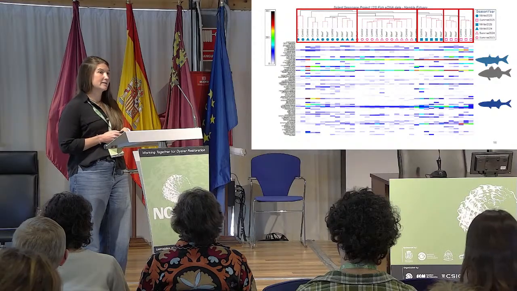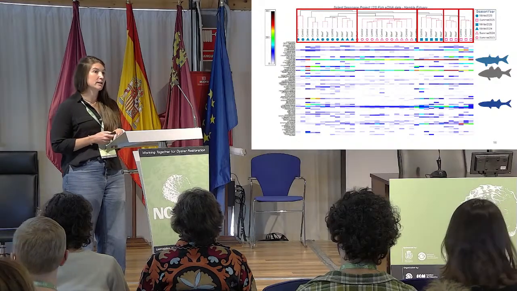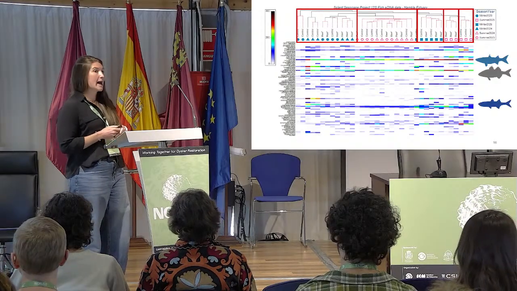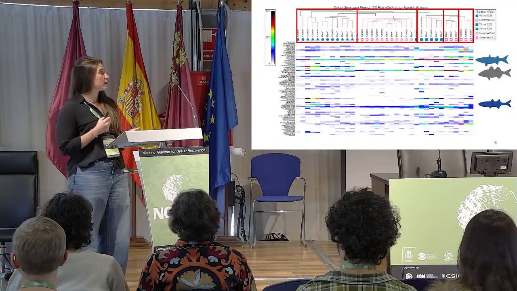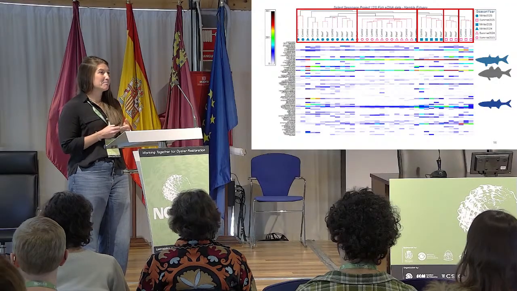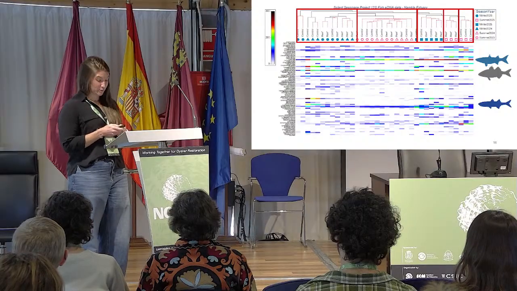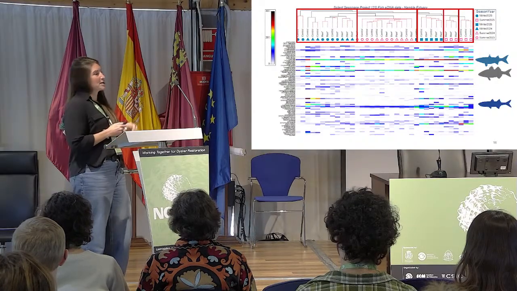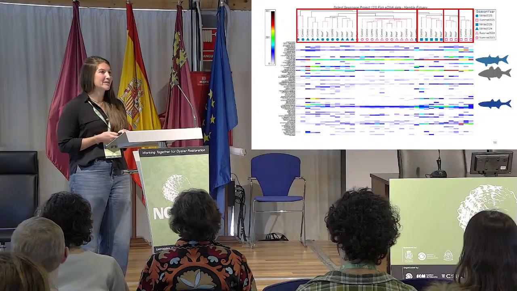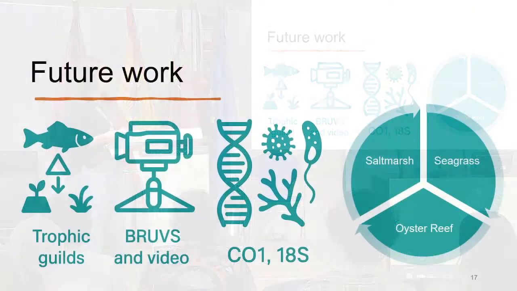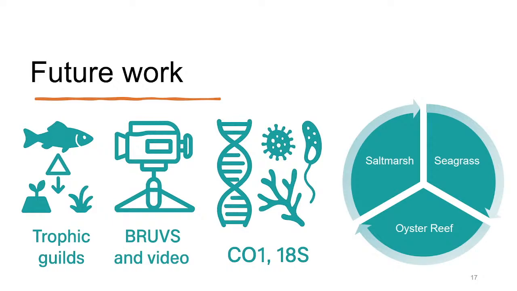Again, not clear groupings for the reef and the control. But then we move across to 2025. There's clear seasonal differences, but we do have those really nice groupings there between the control and the reef, and this is mainly driven by the three species you can see there, which are bass, mullet, and some gobies as well. This data only came through about 3 weeks ago, so it's very, very fresh.